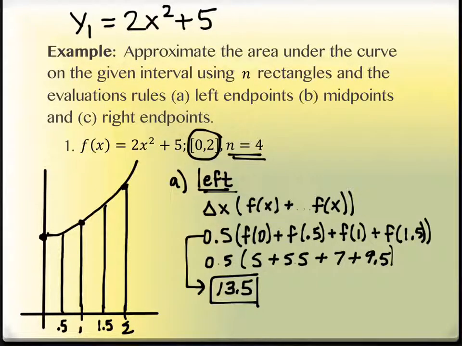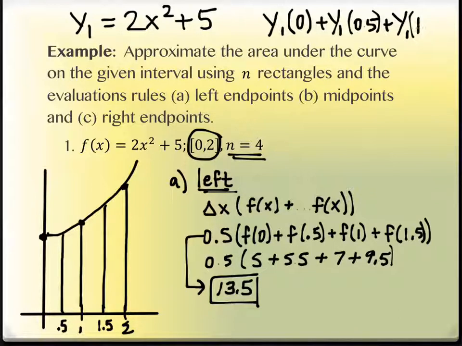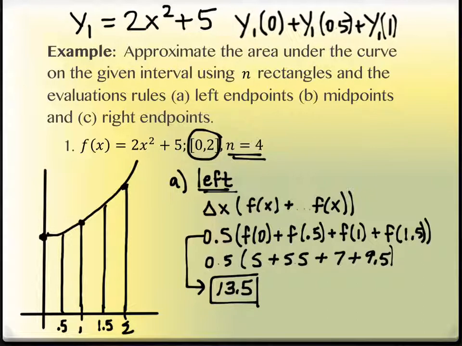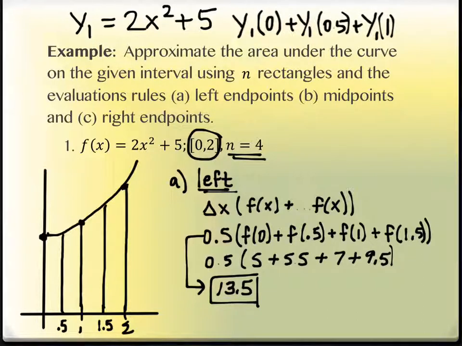Well, in your regular calculator screen, you still have to put in y1 equals 2x squared plus 5, okay? But in the regular screen, what you can do is tell your calculator, and I'll show you how to get this, y1 of 0 plus y1 of 0.5 plus y1 of 1 plus y1 of 1.5.